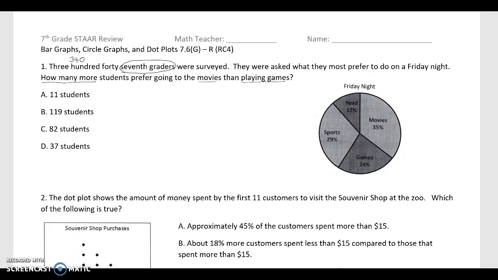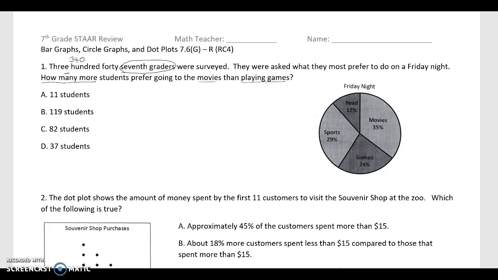Okay, so I know a lot of you guys are like, okay, I have to set up a proportion, find how many students want to go to the movies and how many want to play games, because it's asking how many more. So when it says that, we know we're going to end up subtracting the two amounts, right? So I need to know how many like the movies and how many like playing games. Well, here's what I suggest.